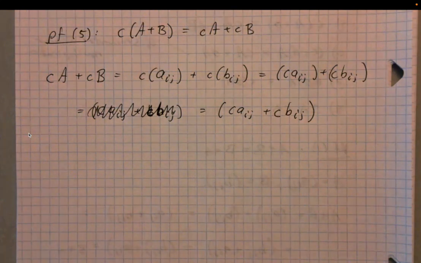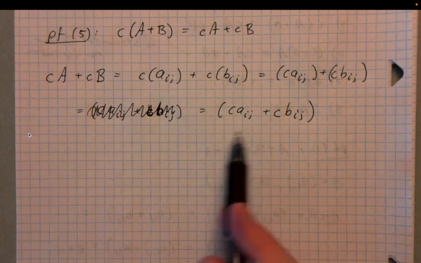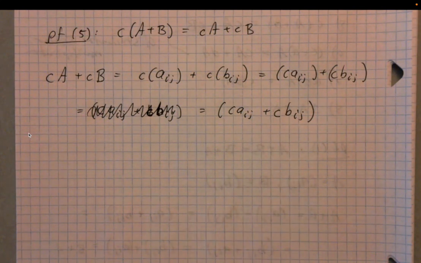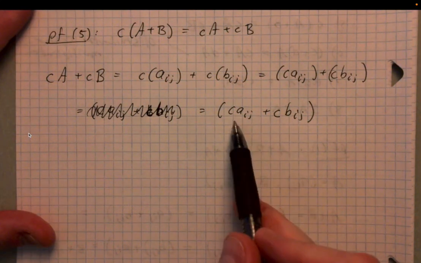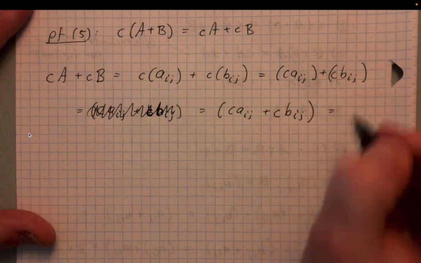So [c aij plus c bij], like so. There we go. Now we're describing the entry itself, so we're talking about real numbers now. And I can always factor a real number. These are two numbers that have the same common factor, so I can factor it out.